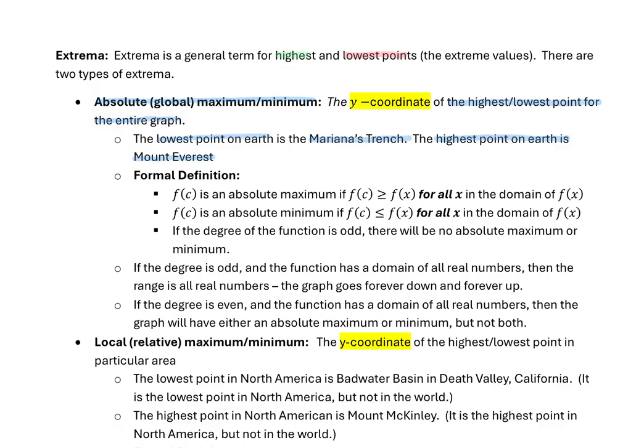And so the formal definition is we say f of c is an absolute maximum if f of c is greater than or equal to all f of x, for all x in the domain.